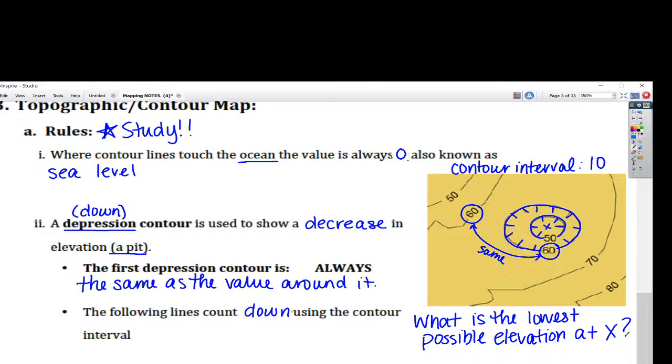So the next lowest contour line value would be 40, because we're counting by tens. And what does the rule say? 1 more than the next lowest. So what do I have to do to that 40 to get the answer to this question? Yeah. Add 1. So this is the answer to the question.